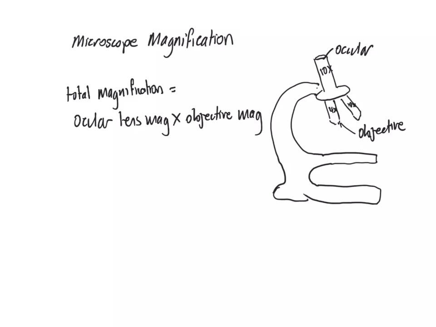So in this example here, if we've got an ocular lens magnification of 10 times and we have got an objective magnification of 4 times, so we've got 10 times 4, quite simply, it means 40 times magnification. So the image or the object that we see, our specimen, is magnified 40 times.